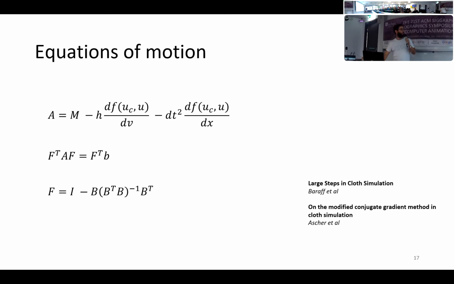So basically, you must use a modified version of the conjugate gradient solver that projects the change of the solution into the constraint space. In each iteration of the conjugate gradient solver, you have to multiply by this filter. So with this, you can perform simulations.